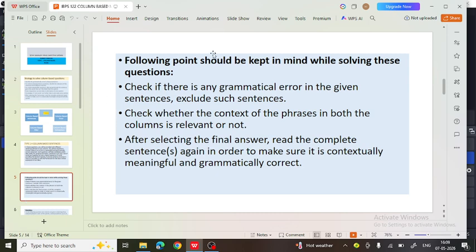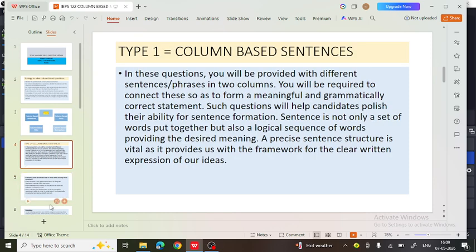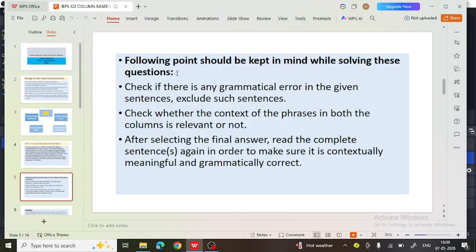Now see, the following points should be kept in mind while solving this type of question, that is, column based sentences. Number one, check if there is any grammatical error in the given sentence. If there is a grammatical error, exclude such sentences. Number two, check whether the context of the phrases in both columns is relevant or not.